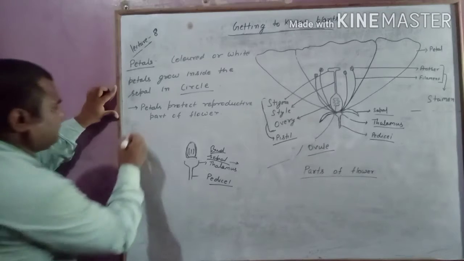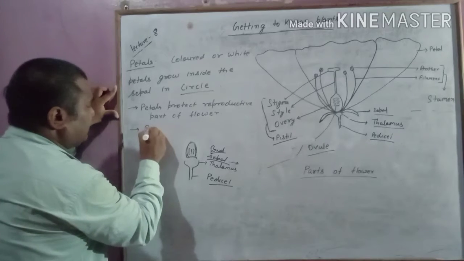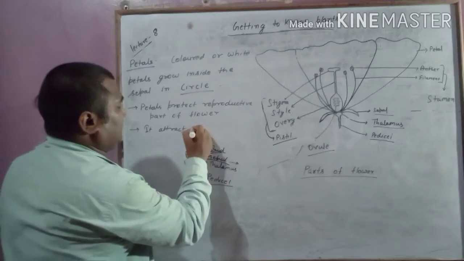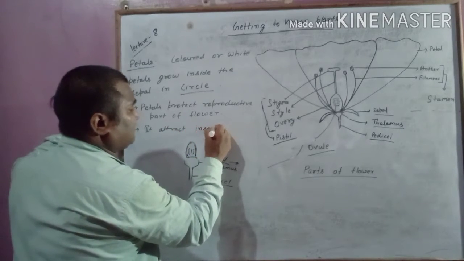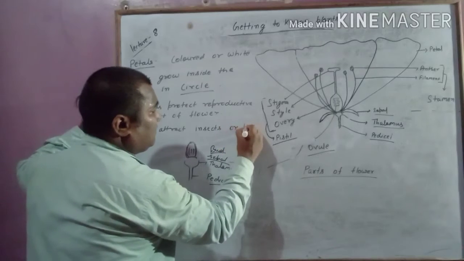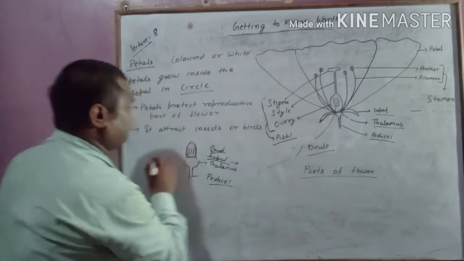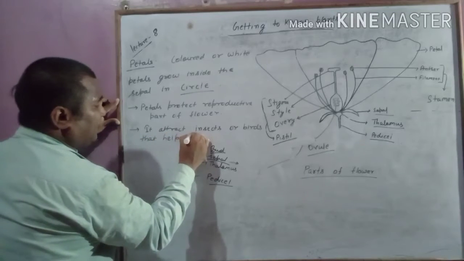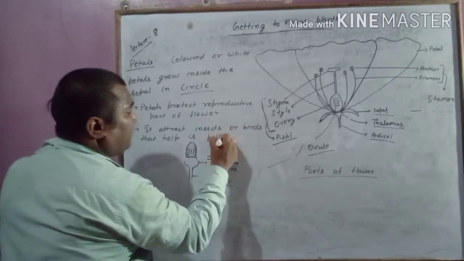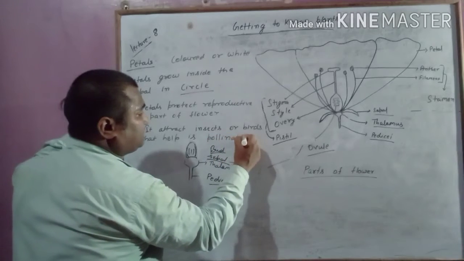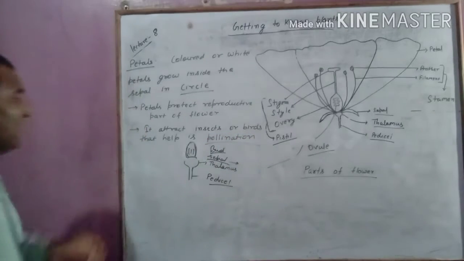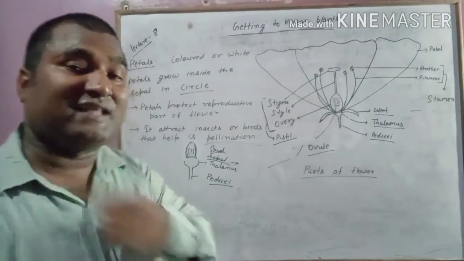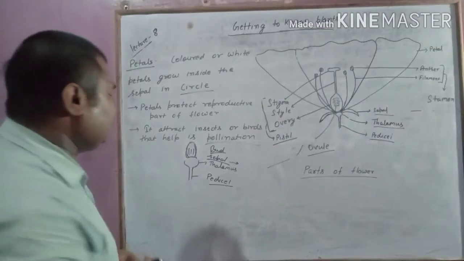One more thing, it attracts insects or birds that help in pollination. That is, it attracts insects or birds that help in pollination.